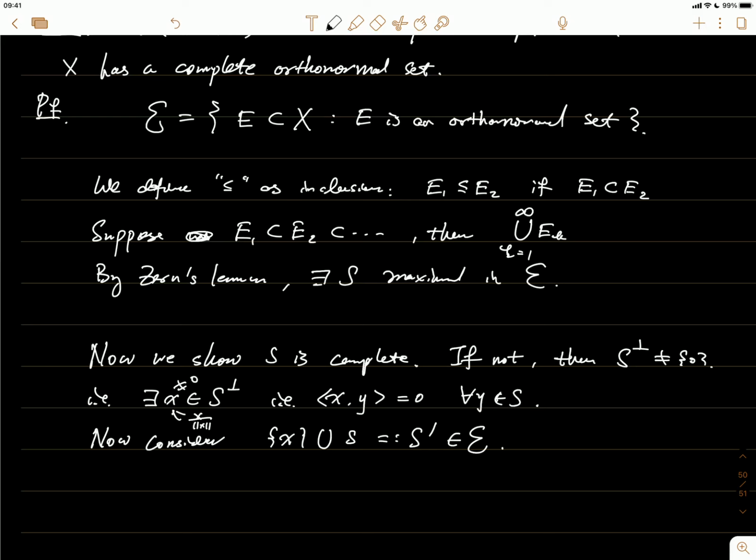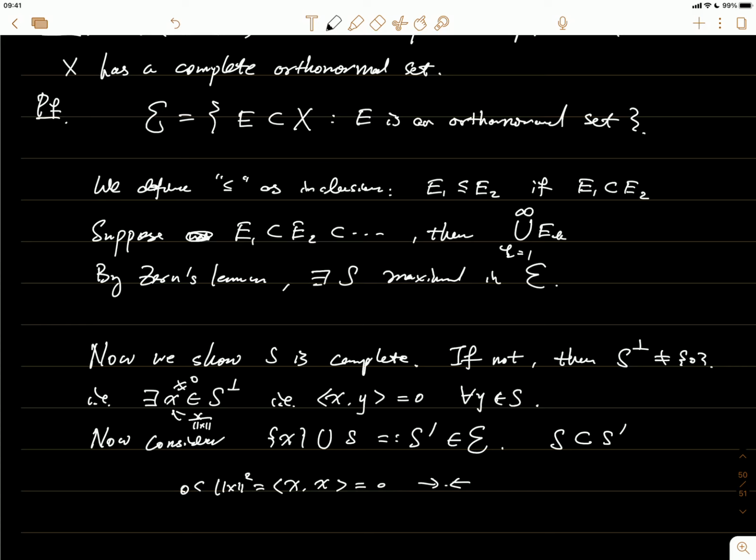At the same time, S is in S prime. But S prime is not in S, since X is not an element in this S. If X is an element in S, then you would have the inner product of X with itself equal to 0. But apparently this is equal to the norm of X squared, which should be greater than 0 when X is non-zero, which is a contradiction.